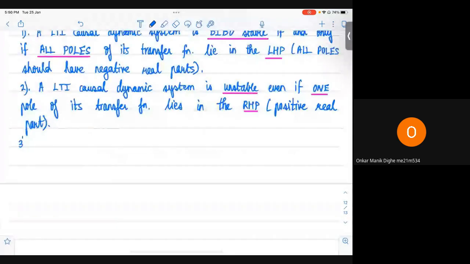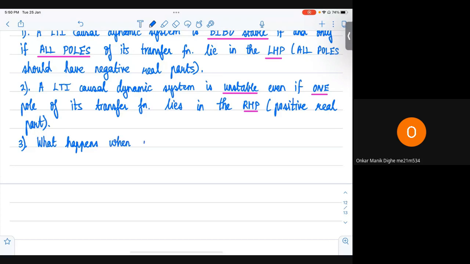Now, the question is, what happens when a pole or poles, multiple poles, sorry, one minute, let me rewrite this. When a pole or poles lie on the j omega axis, or the imaginary axis.